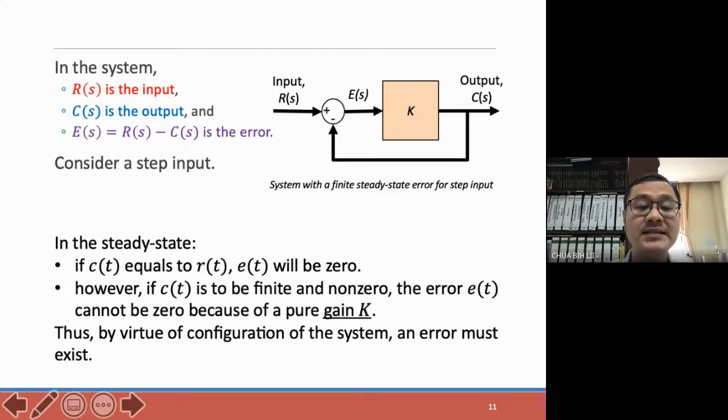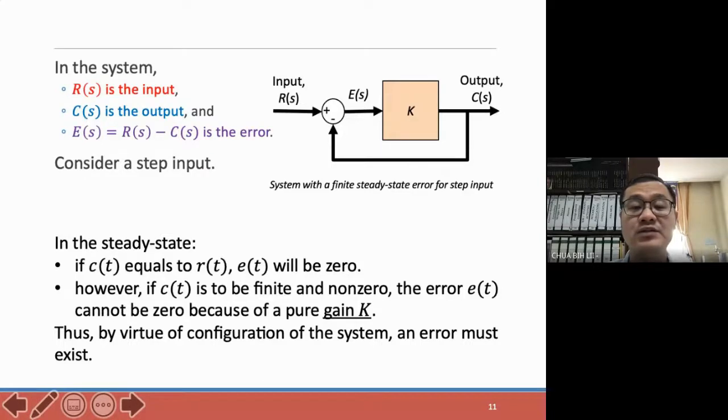In the steady state, if C is equal to R, then the error difference becomes zero. In this case, we have a zero steady state error. But if there is a finite or non-zero value, the error cannot become zero.